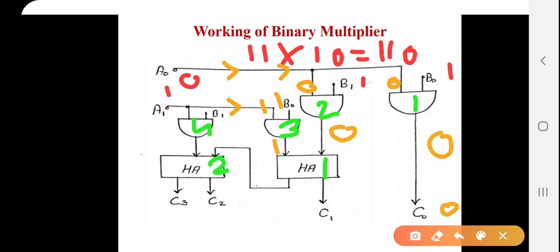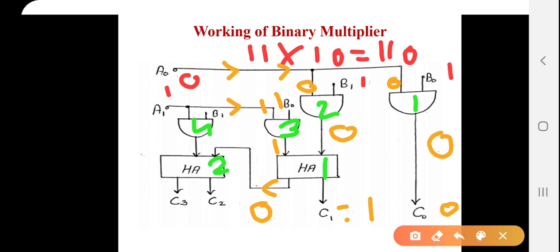And as you can see, half adder number 1 has two inputs 1 and 0. So this half adder will give the answer 1 and it will produce 0 carry. This 0 carry will be fed to half adder 2.